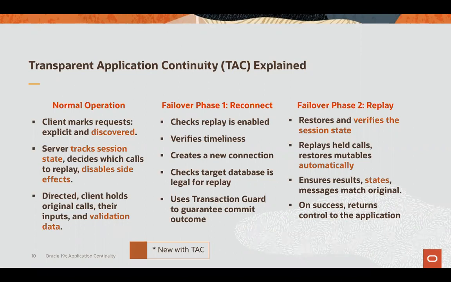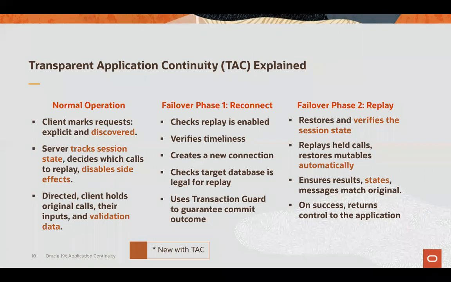And here we can see in normal operation, without any failure, basically the client request is explicitly discovered. So the database keeps track of the session state and disables any side effects, for example, which cannot be replayed, or we can decide if we have to replay those side effects.